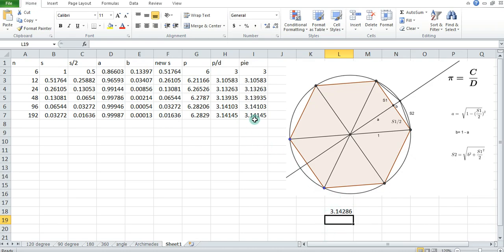So this is still here 3.141. The value we use is 3.142. So let's move.